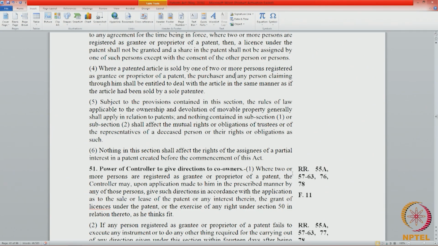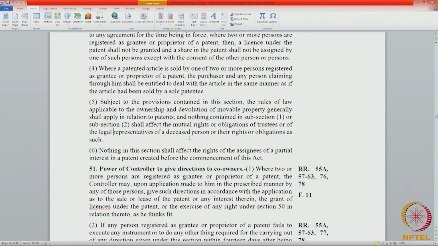If there are three owners, one owner can act as an agent for the other two owners. So, any person who deals with that one person, it will be as though he had dealt with all three. That is why the provision says a purchaser shall deal with the article in the same manner as if the article has been sold by a sole patentee, where all the rights vest in one person.